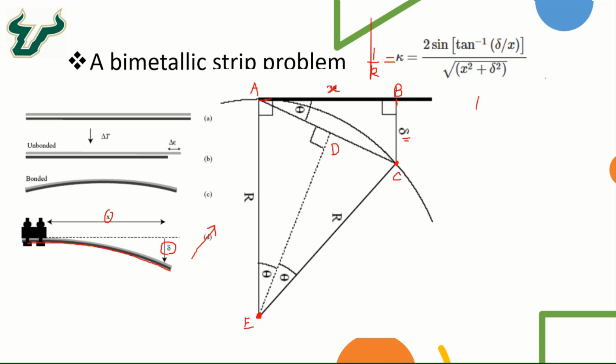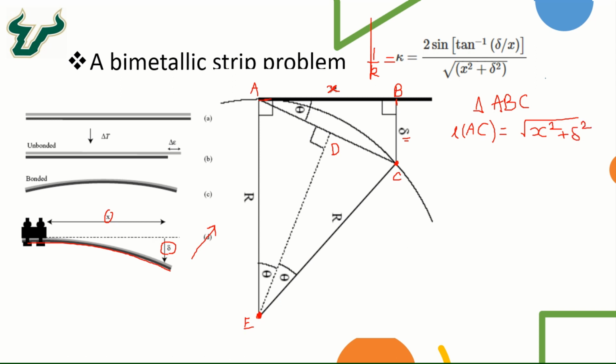So if we consider a triangle ABC, we can see there are some relations that we can form readily, as the length of AC equals the square root of x squared plus delta squared, because that's the hypotenuse.